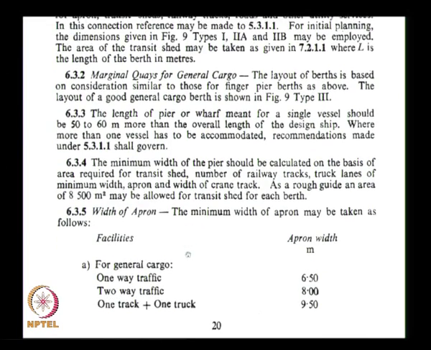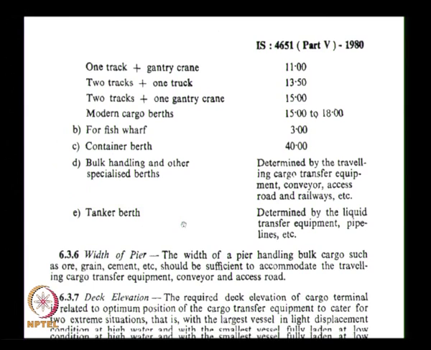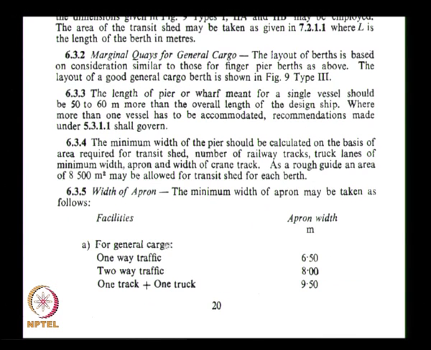Next we will discuss about the width of the apron. Apron width means the width of the berth. So the width of the berth depends on the type of cargo, whether it is a general cargo and if it is one way traffic or two way traffic, that is the traffic on the apron. One way traffic means it is 6.5, two way traffic means 8 meters.